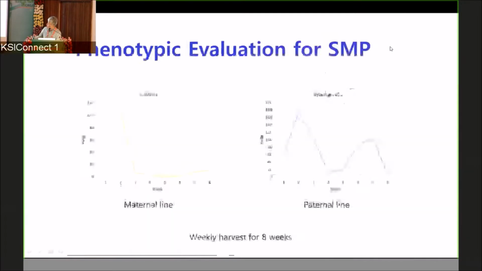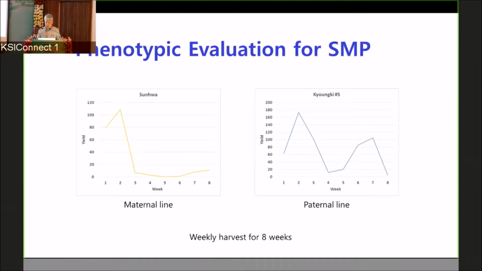You can harvest just 1 time, at 2 weeks after harvest, then there are no more mature pods. However, the other parent lines have 2 peaks, so you have to harvest at least 2 or 3 times for these genotypes.